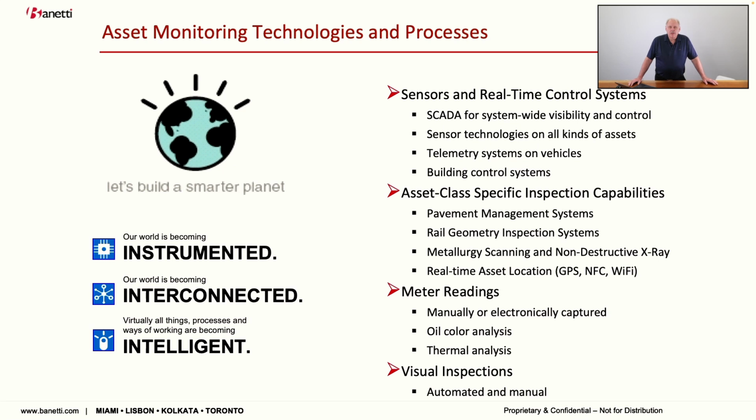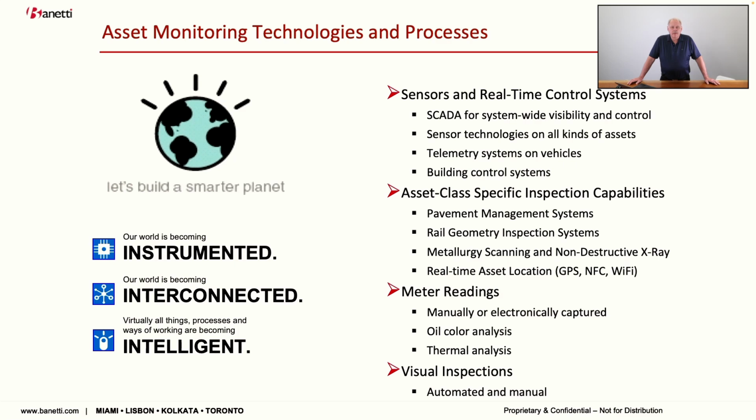There are also very detailed, almost micro-level asset class capabilities that are used to inspect assets. Pavement, for example. The roads department can drive down the road with a camera mounted on the front of a vehicle and identify where there's problems, what the condition of the road is, and when it needs to be resurfaced or replaced.